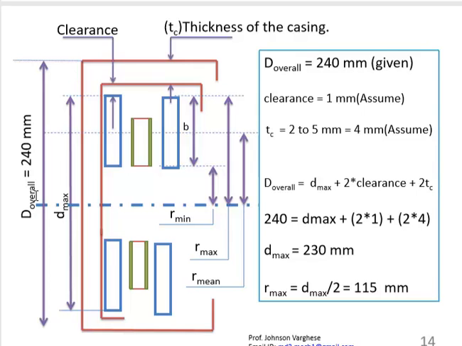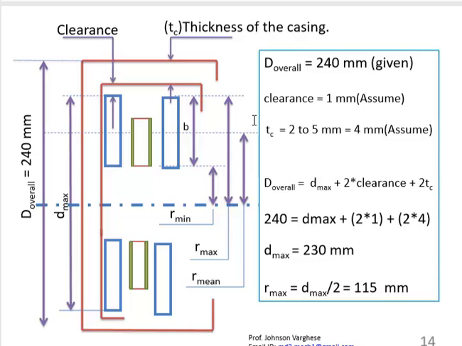We can see that D overall is given as 240 mm, D max is the diameter of the plates, C is the clearance and TC is the thickness of the casing. We need to find out R minimum and R mean.